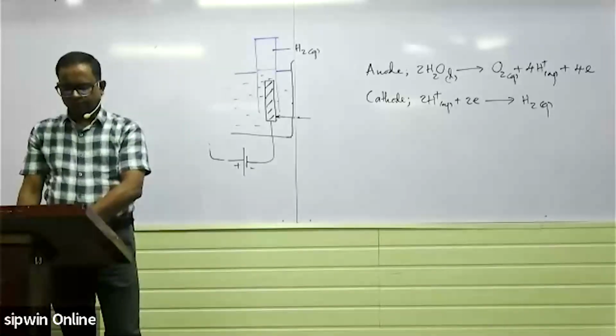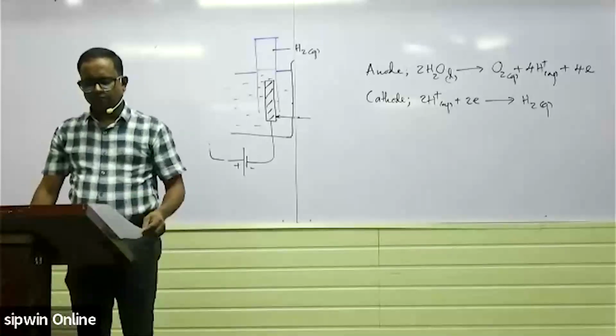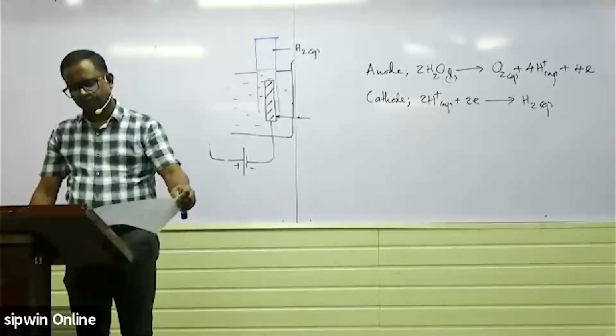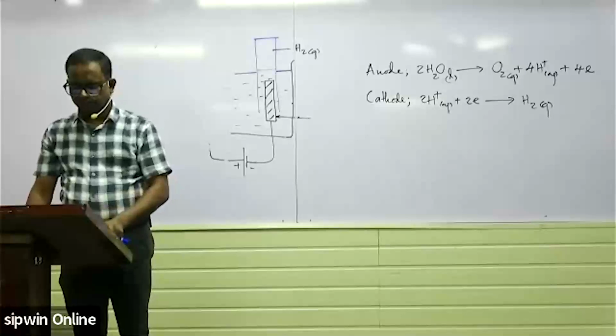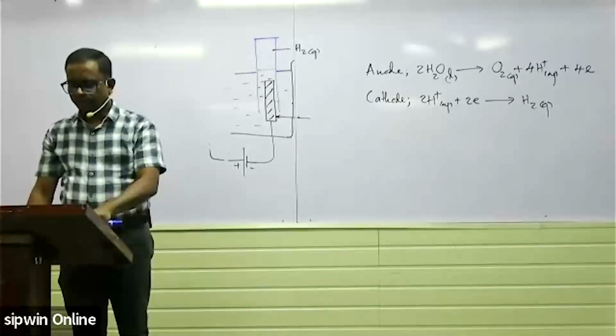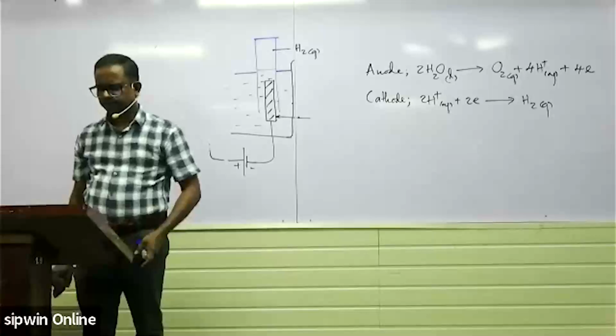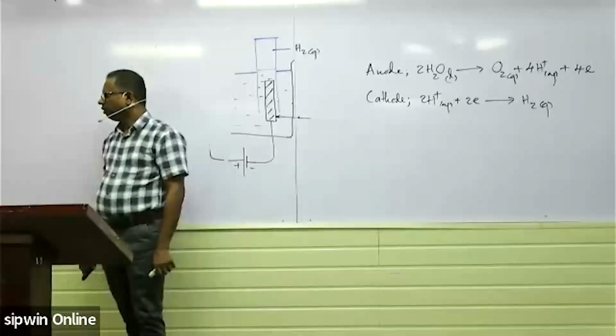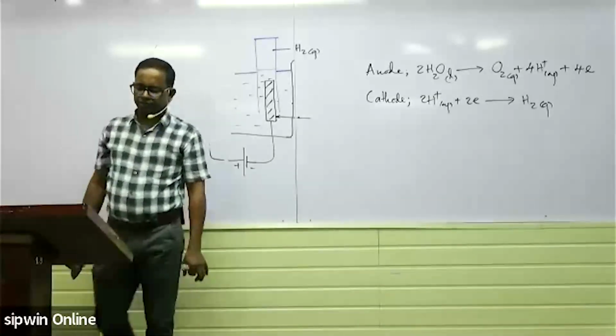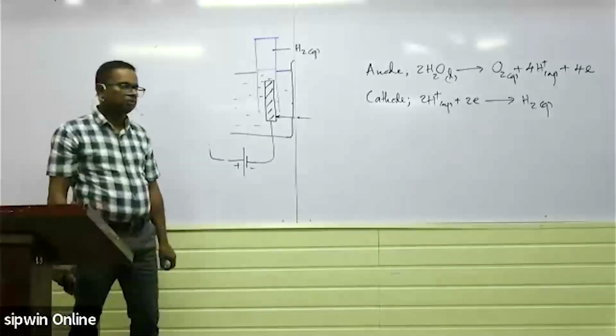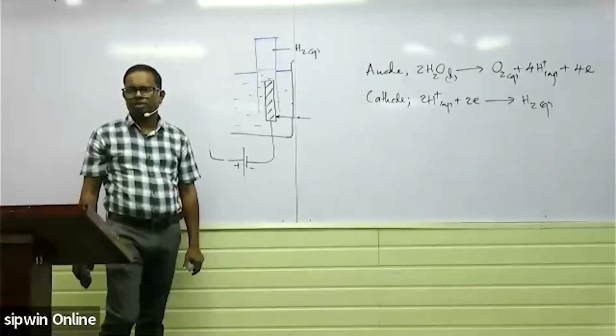Sub number 2. Volume of oxygen and hydrogen evolved at STP conditions.